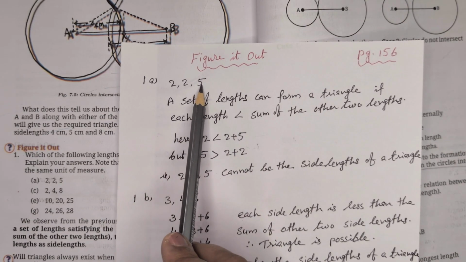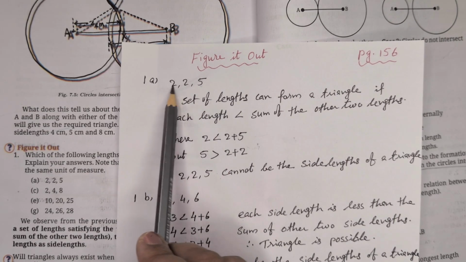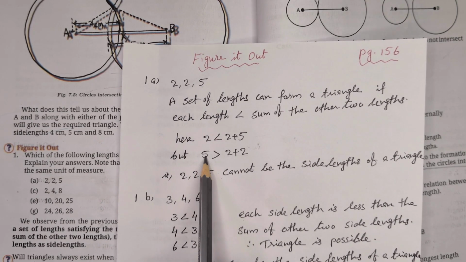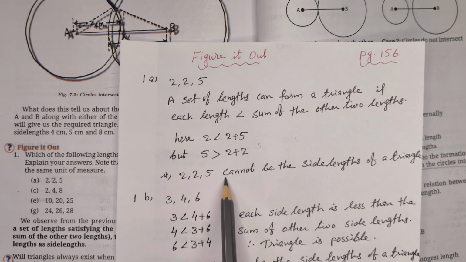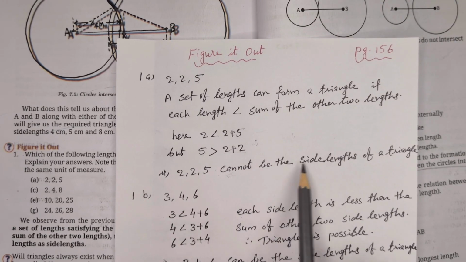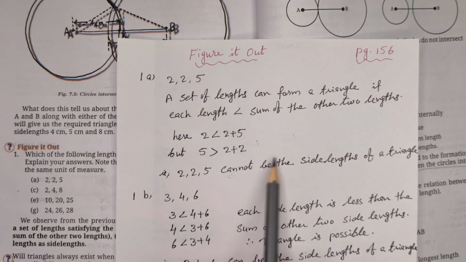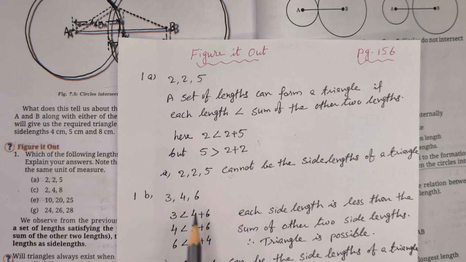But if you are taking this as the direct length 5 and the sum of the other 2 sides, that is 4. Here the direct length is coming more than the sum, which means 2, 2, 5, by using that measurement, cannot be the side length of a triangle. We cannot construct a triangle. This cannot be the side length of a triangle.